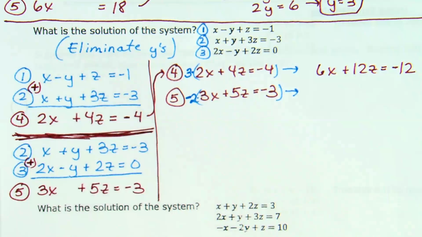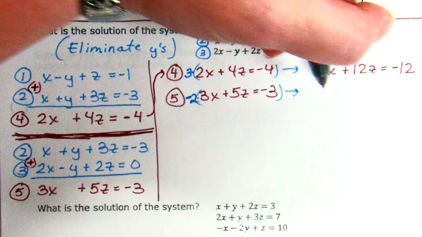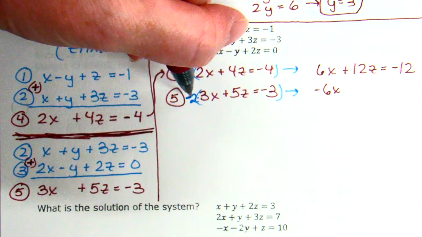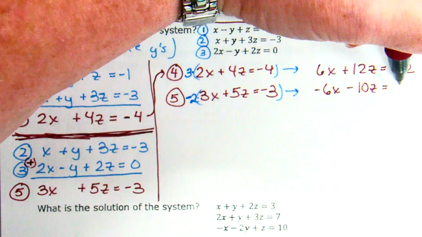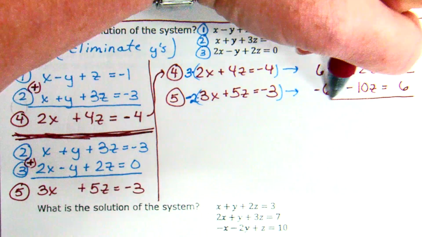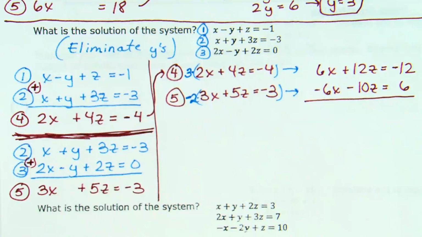Bottom equation, so equation 5, we're going to multiply by negative 2. So what is that when I multiply by negative 2? Negative 6x minus 10z equals 6. And now we are set up to eliminate again.